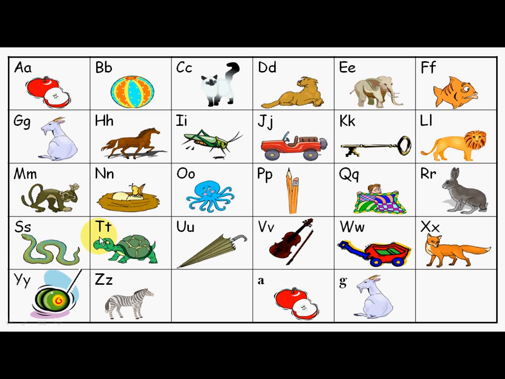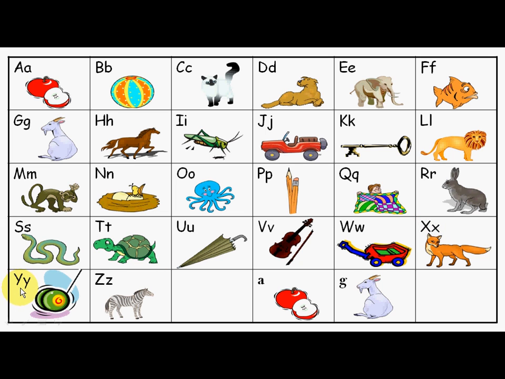T, turtle. U, umbrella. V, violin. W, wagon. X, fox.